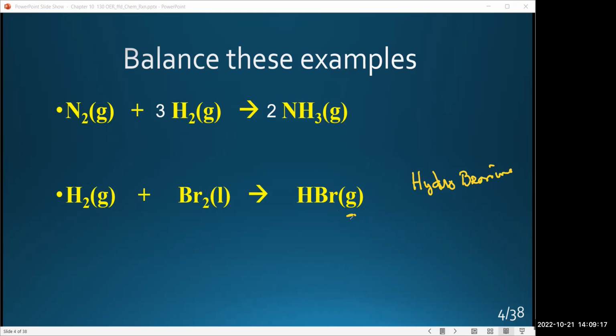But the moment it becomes an aqueous solution, it's called hydrobromic acid when it's in the aqueous phase. I said bromine, it's bromide, excuse me.